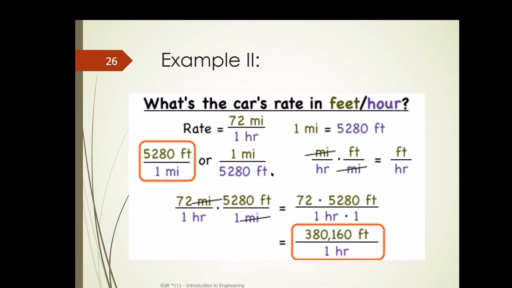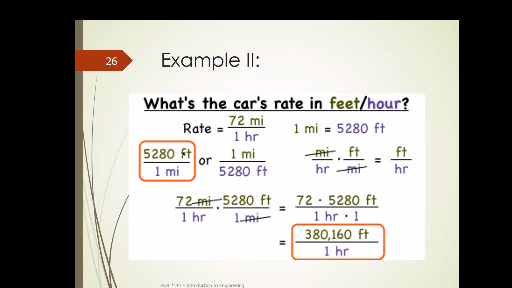So let's say a car's rate is in feet per hour, and let's say this is what you're given, in terms of miles per hour. So here's our problem that specifies what our rate is, and in this one we need a conversion factor, miles to feet, right? Because we're given miles, and now we want to make that conversion. Okay.